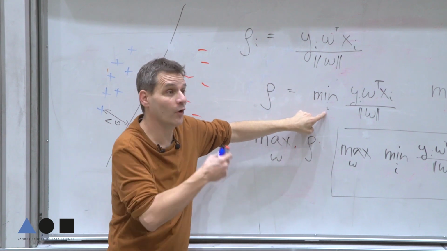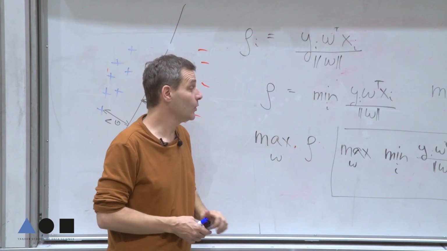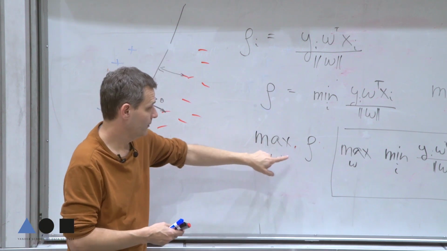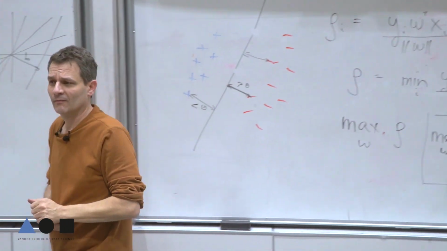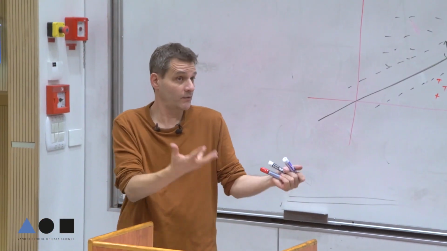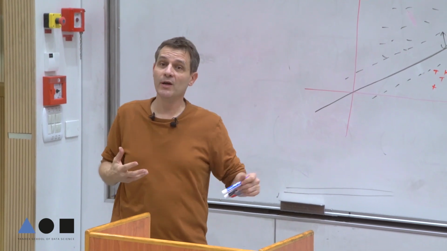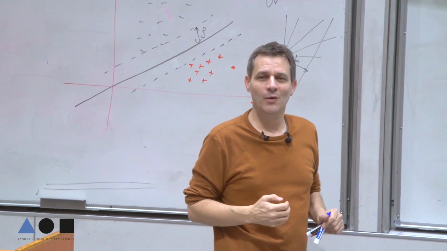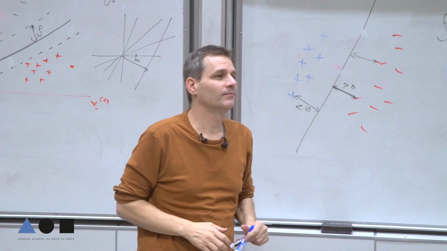Minimum over i, over all the samples. And this is what we want to maximize. So we want to maximize the margin. The maximization is over the parameters of the model. This is what we want to solve. But we have this minimum because it's kind of a worst case. Yeah, we want to increase the worst margin.